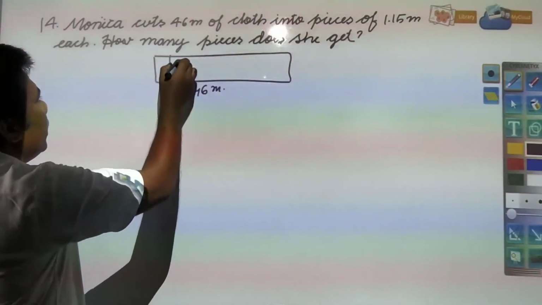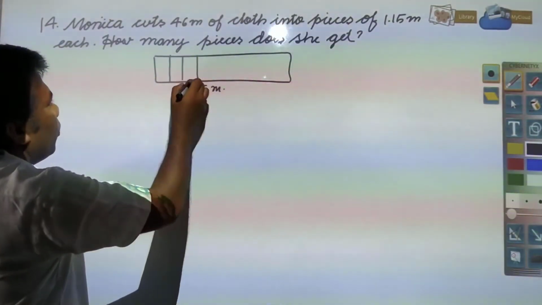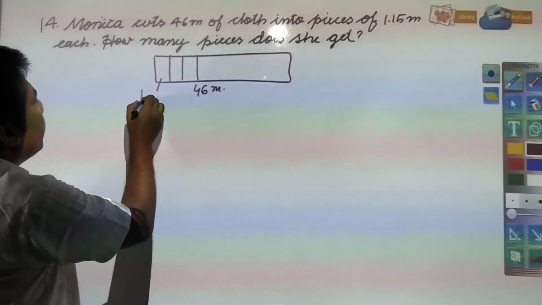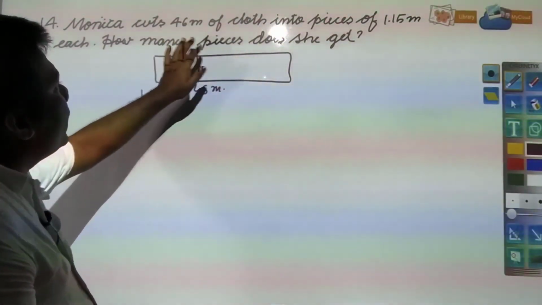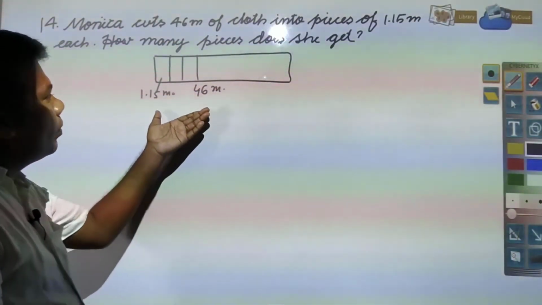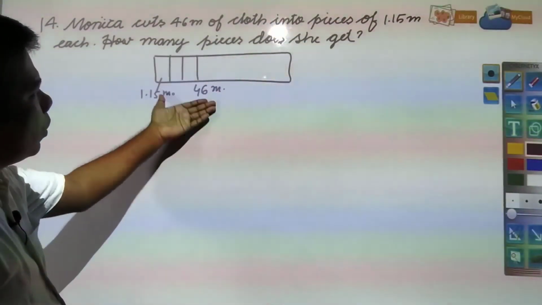Suppose many pieces have been made, and each piece is 1.15 meter. Now how many pieces does she get? You need to find out the number of pieces of the cloth.